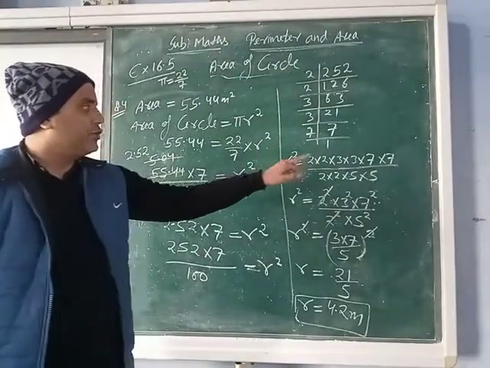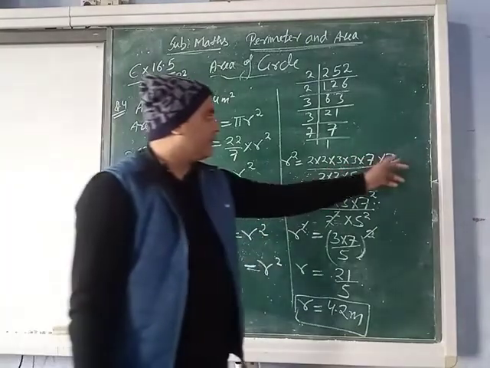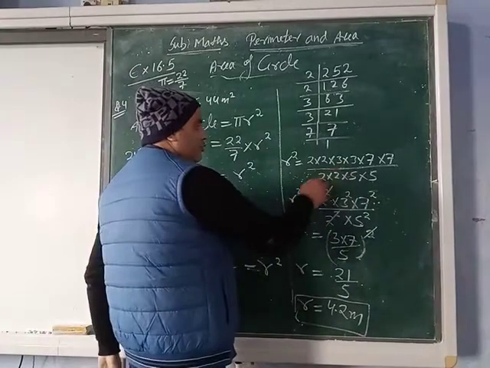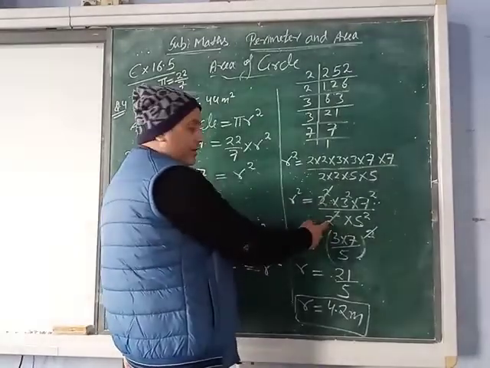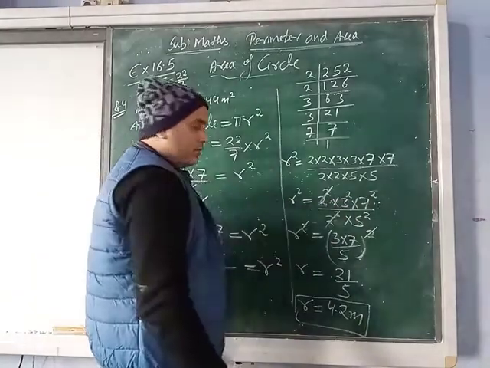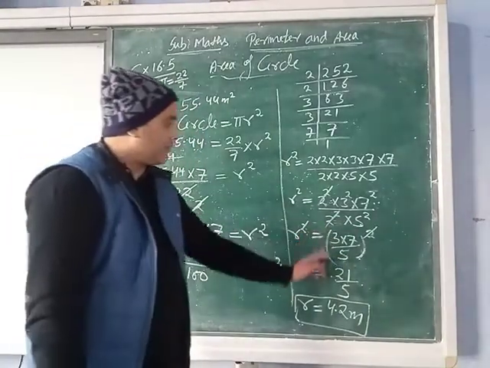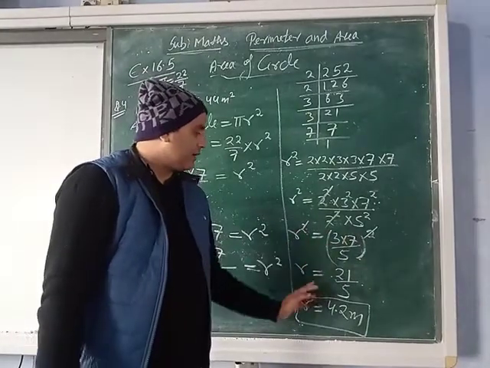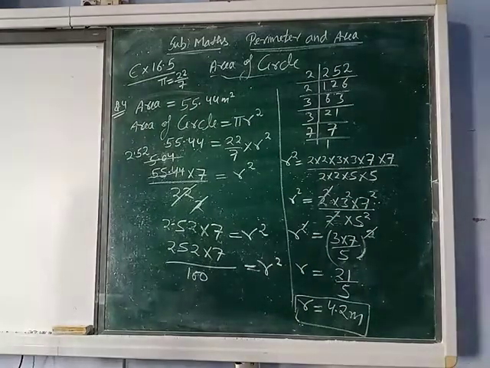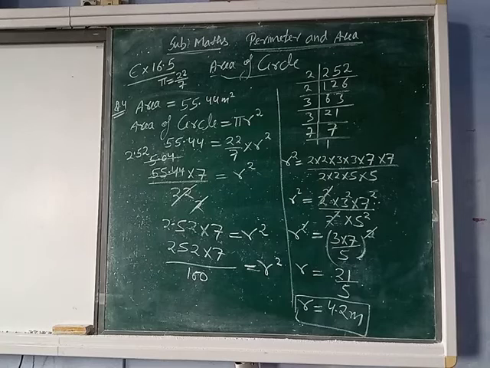The prime factor of 252 gives 2 into 2 into 3 into 3 into 7, and one 7 is already here. Both have the same power now, so we have taken a bracket. The power 2 cancels, and r is equal to 7 threes are 21 upon 5, that is 4.2. So that is the radius of the circle whose area is 55.44 meter square.